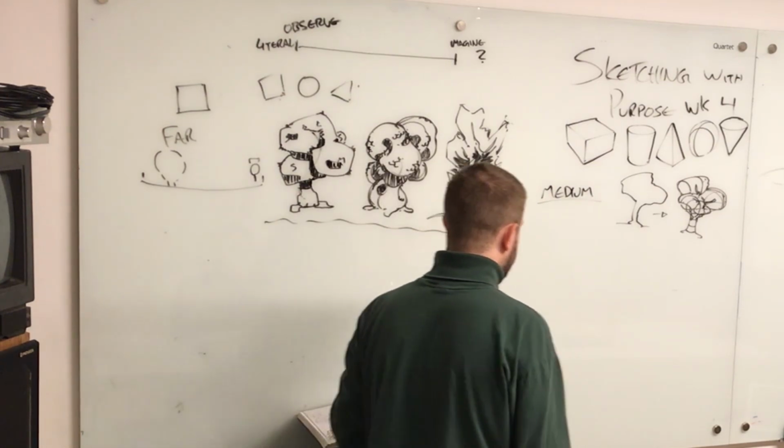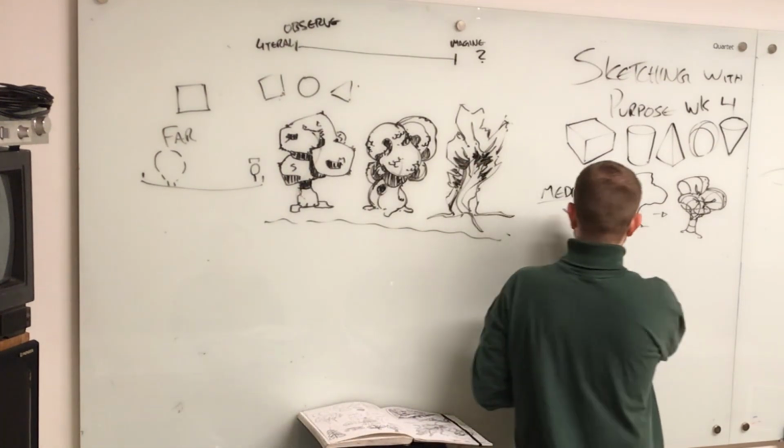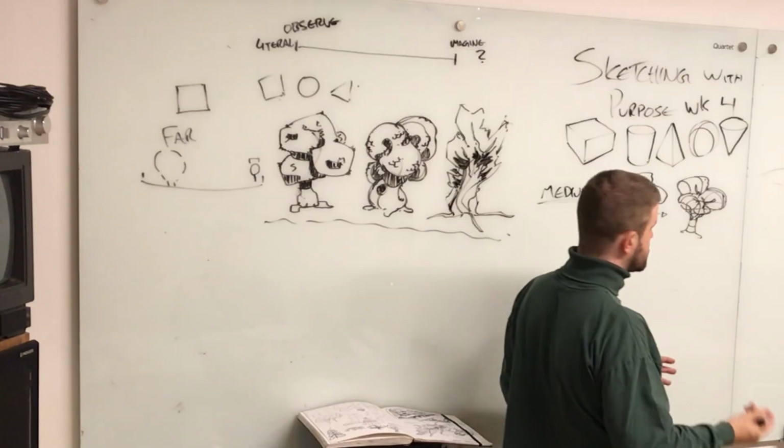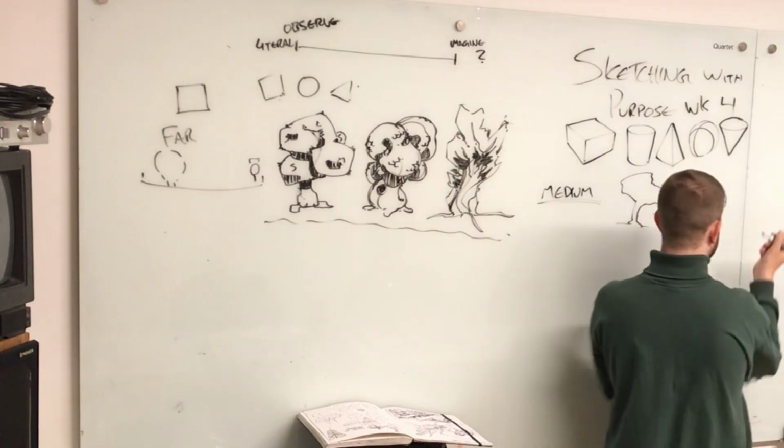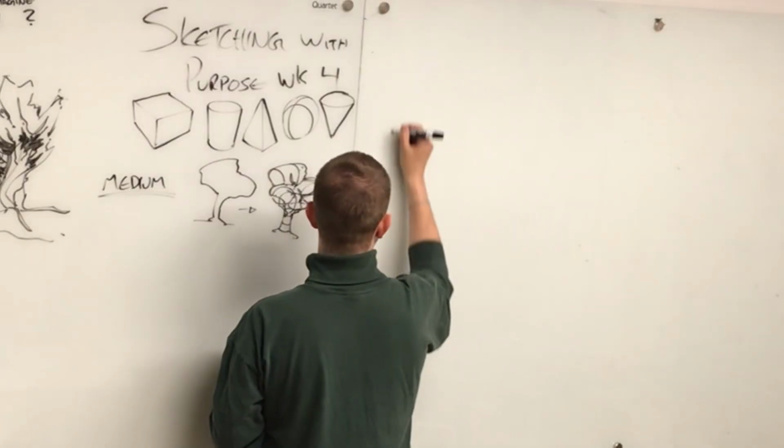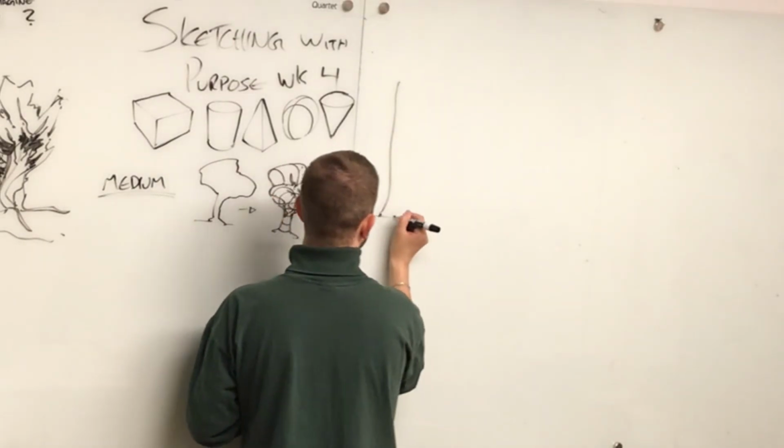A really useful tool here, especially at this medium distance, is to use hoops or ellipses. So if you've got a big tree, put your center line.